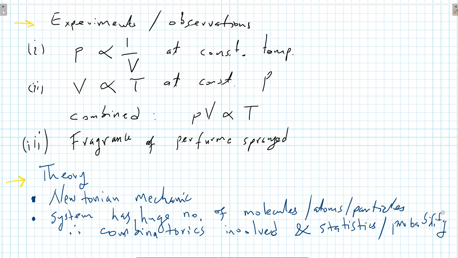probability. The thing is, since the number of molecules is really huge, it's really going to be difficult to consider each and every one of the molecules making up the gas and then try to apply Newtonian mechanics that way to each of them.